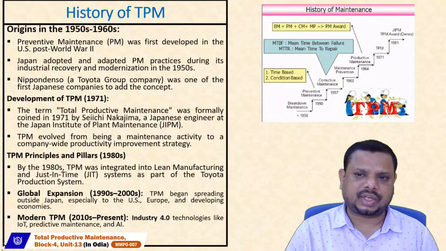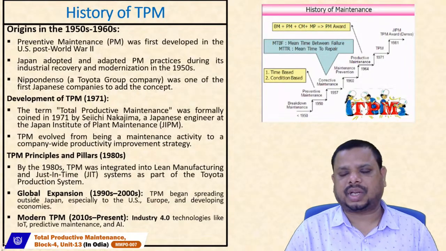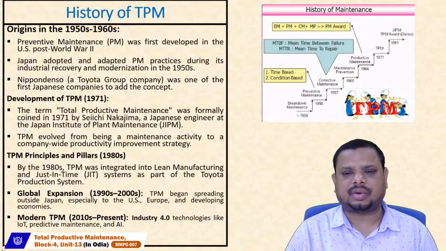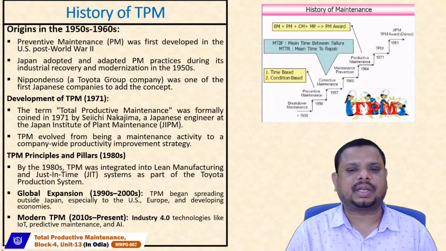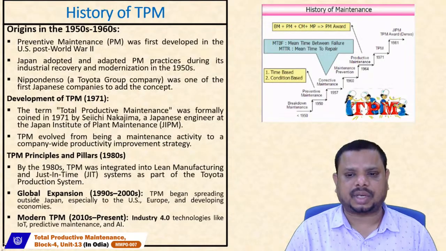If you observe the history of maintenance, during the 1950s breakdown maintenance was introduced. Again, in the 1950s preventive maintenance was introduced, and under it they focused on time-based maintenance and condition-based maintenance.